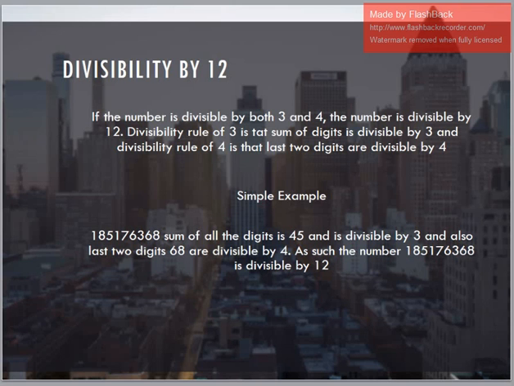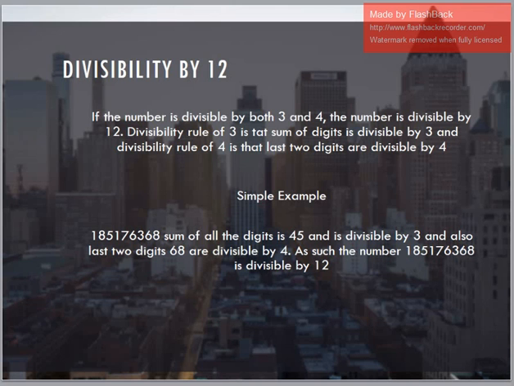So, basahin natin yung sample example. Ang number dito is 185,176,368. Sum of all the digits of the given number is 45. So, alam naman natin na yung 45 is divisible by 3. And also, the last two digits is 68. So, yung 68 na yon, divisible siya by 4.